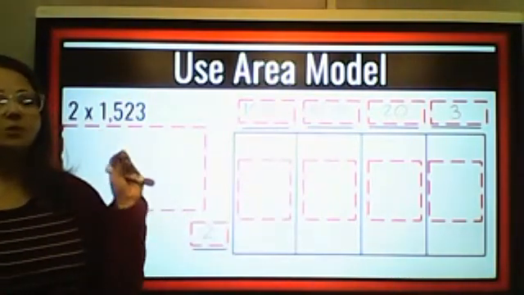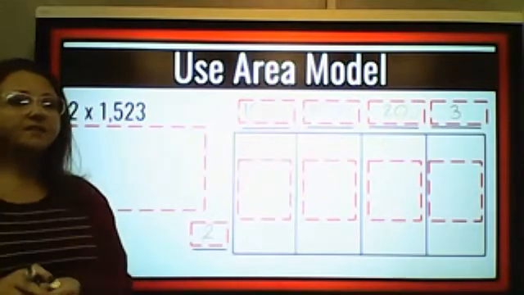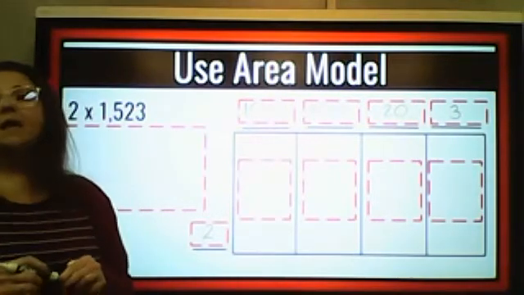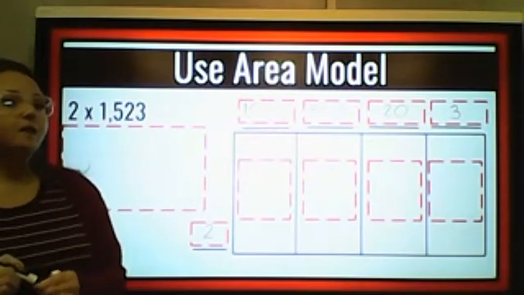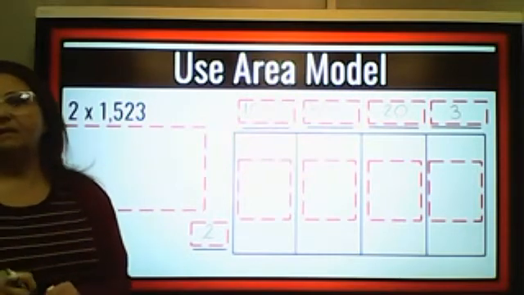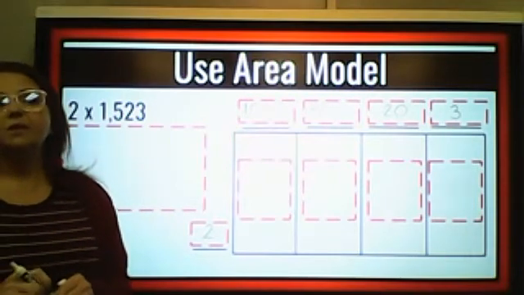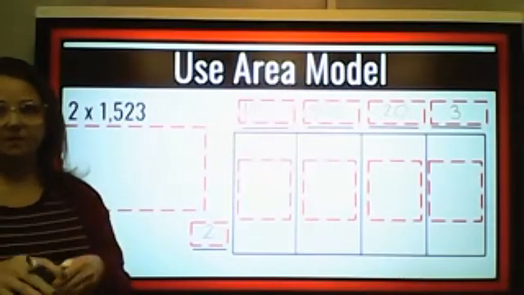You will have to know how to write this out using parentheses. It's not just about finding the answer. It's about using the distributive property. So please don't just shout out answers. Listen to what I'm saying so that we can make sure that you can be successful with this skill.